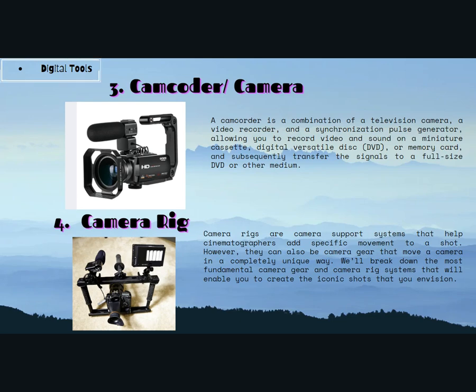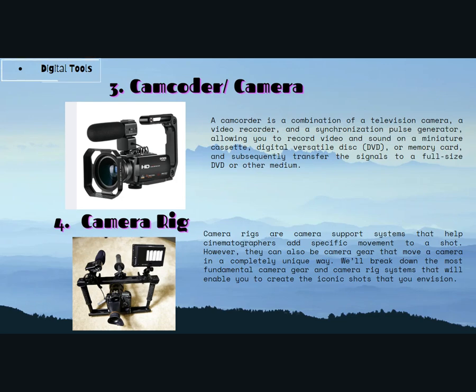So that is the camcorder. Additionally, a modern camcorder, all digital types, are in terms of integrated circuit, which is IC, design. So that is the camcorder camera, which is the third example of digital tools.